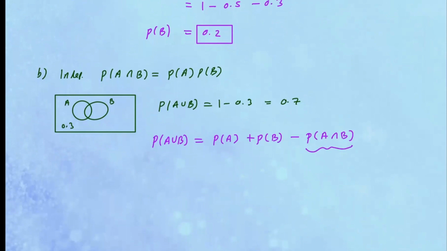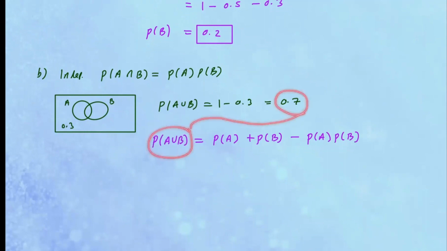And we know what this is. Since we're assuming they're independent, that's going to be the product of these probabilities. So we substitute that in here: this is replaced with the probability of A times the probability of B. Now we know the left side of the equation is 0.7, which we solved already.